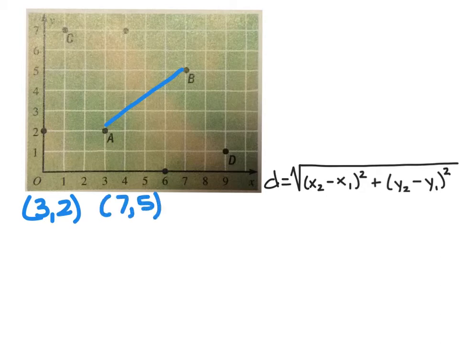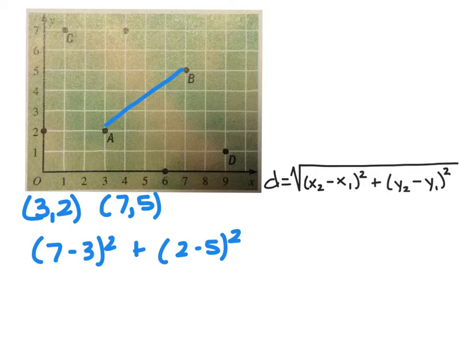Let's plug these into our formula, using A as x1 and y1 and B as x2 and y2. So we have 7 minus 3 squared plus 2 minus 5 squared, and all of that goes under a radical sign, so remember to get the square root.